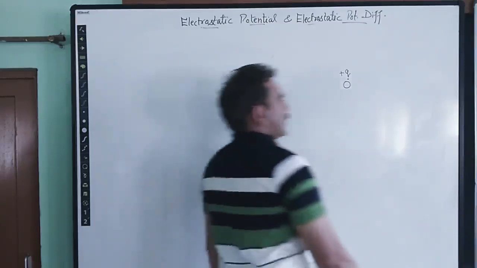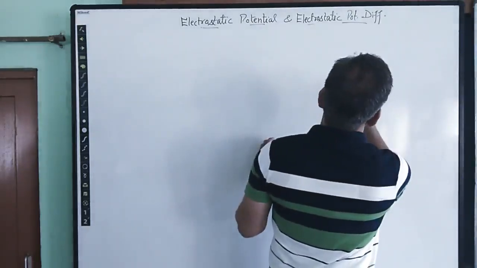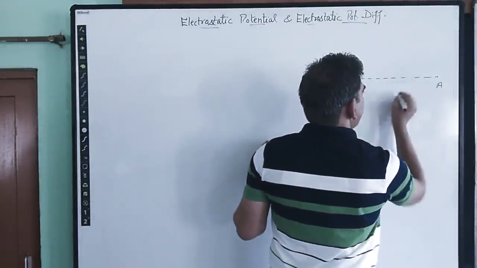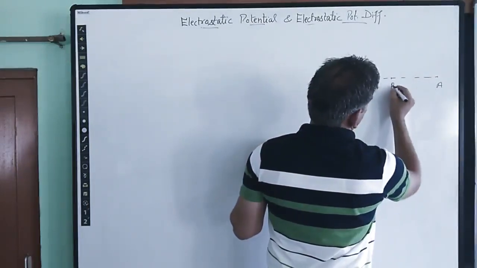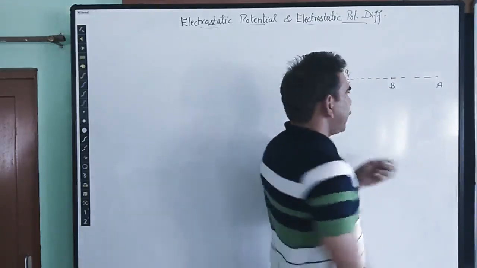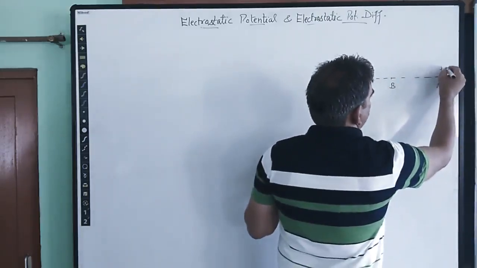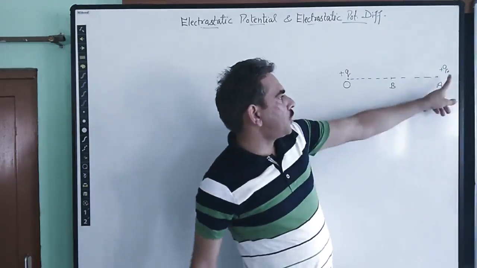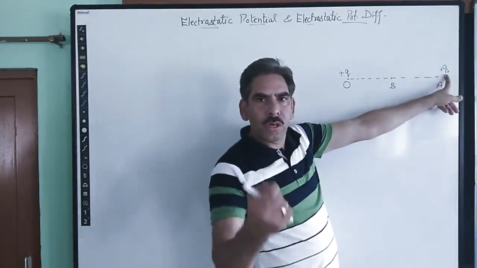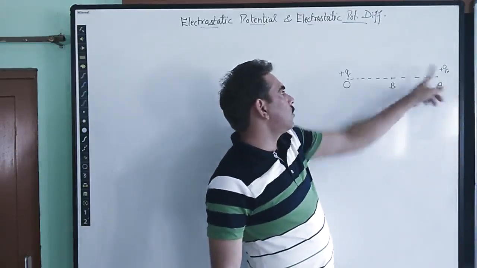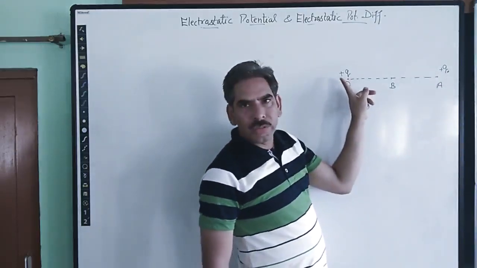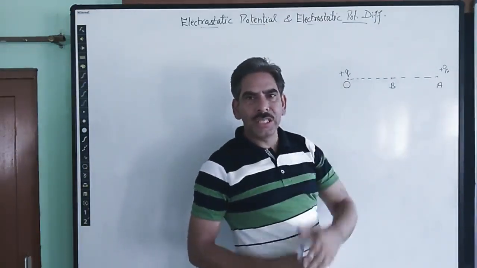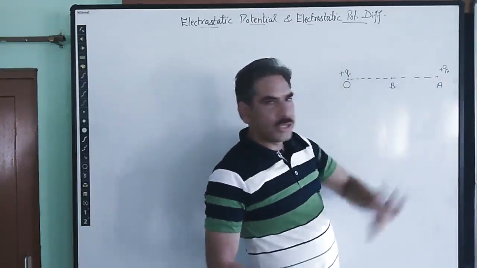This is the point charge plus Q, and we are taking some charge from initial position A to final position B, and we are taking a very small positive test charge. This test charge is positive and is of such a small amount that it does not affect the position of the given charge Q. So that's why this charge is very, very small, or we can say vanishingly small. So this is the test charge we are taking.